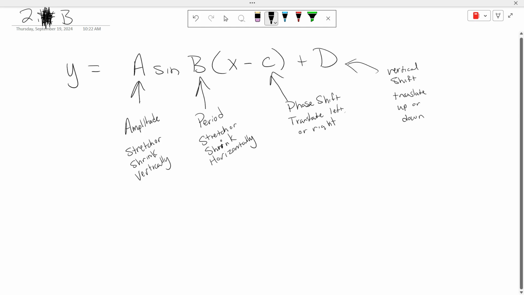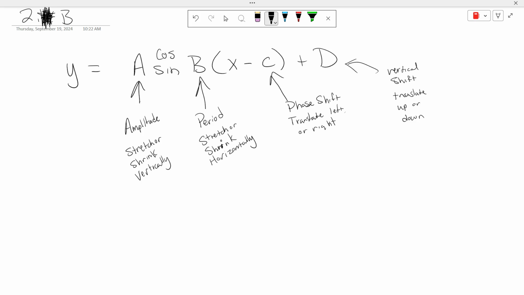Okay, so you have to know what A, B, C, and D all do, depending on where things are located. Now, if it's a cosine curve, that's the same as a sine curve, except it'll have different points, but A, B, C, and D affect a cosine curve the same way as a sine curve.